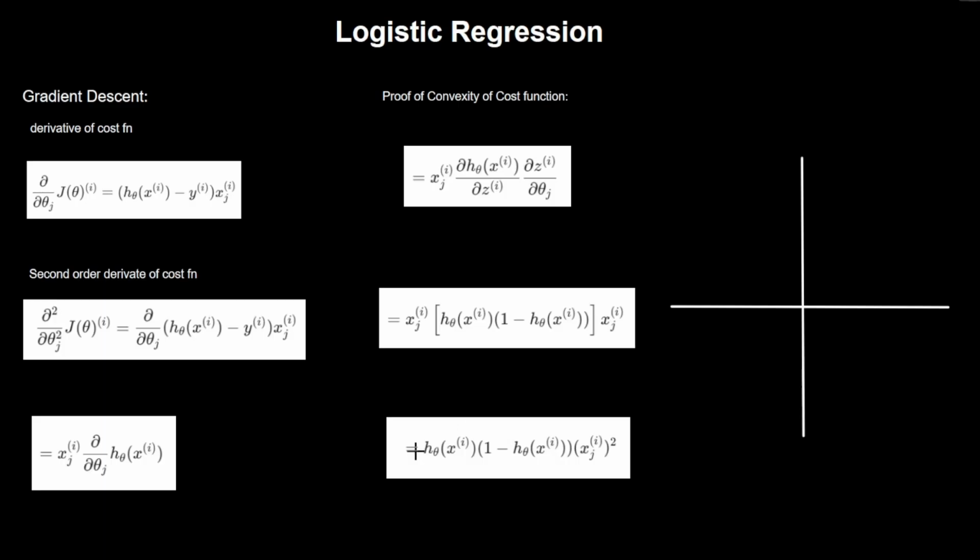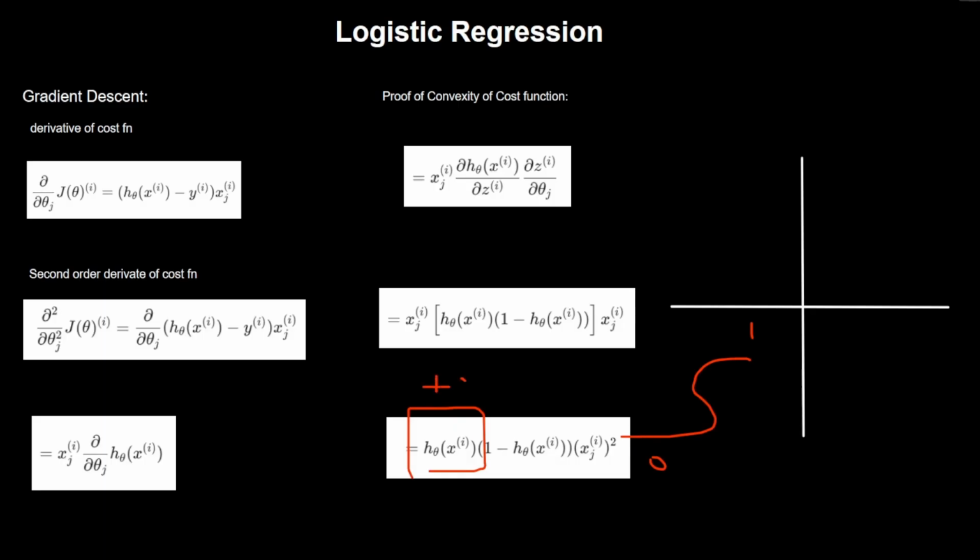If we prove that this is positive, we'll have a positive curvature and a convex function with a single global minima. Here h_theta of x_i is a sigmoid function which we saw before. It has probability values between 0 and 1, so it is obviously positive.